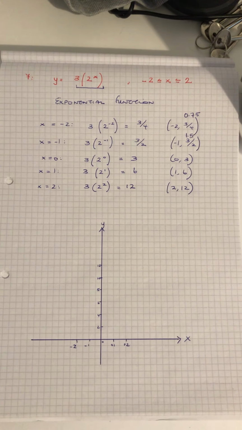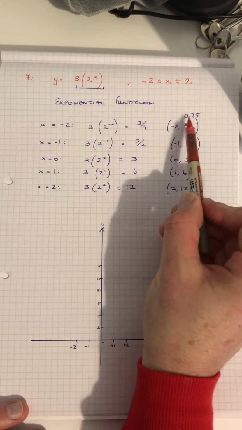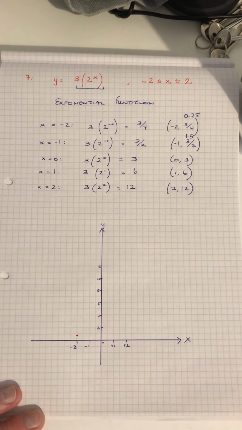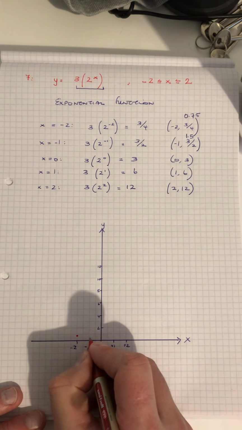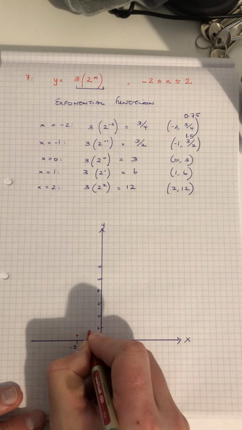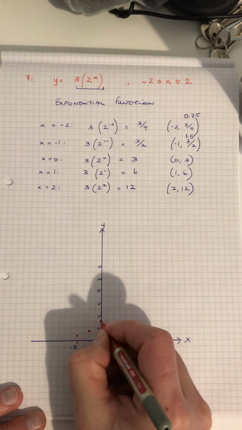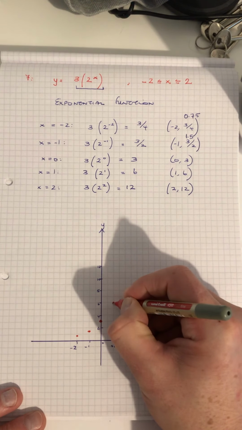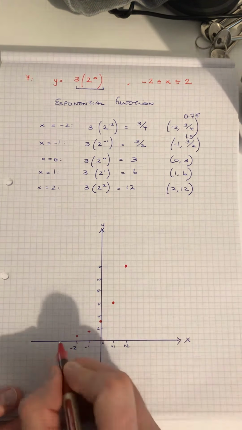Okay, so the first point we're going to plot, -2, 3/4. So go across to -2 and up 3/4. -1 up to 1.5, 0 up to 3, 1 up to 6, and 2 up to 12.